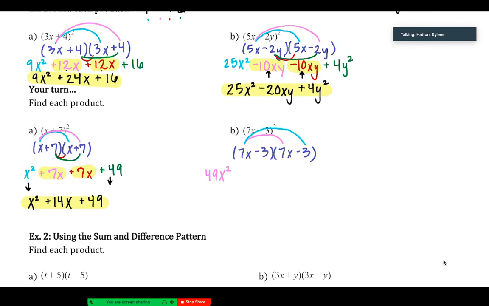So 7 times negative 3, that's negative 21. And then I'm not multiplying any x's together, so that x just stays the same. So 7x times negative 3 is negative 21x. And then we'll multiply the inner terms together. Negative 3 times 7x, so again, that's also negative 21x.